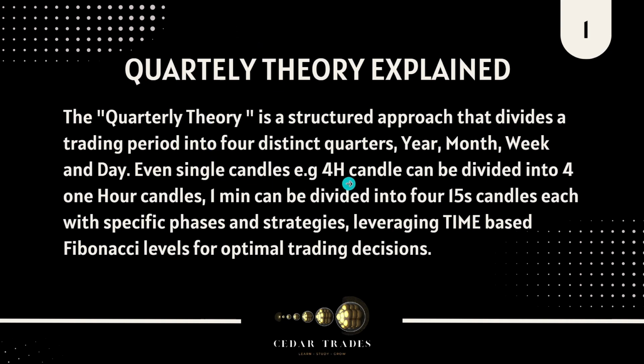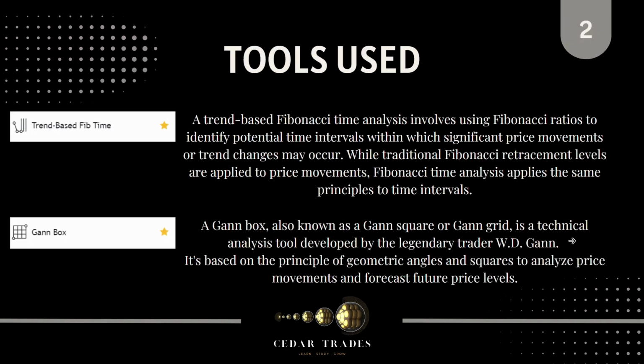And even single candles, for example, like the 4-hour candle can be divided into 4 1-hour candles. 1 minute candles can be divided into 4 15-second candles, each with specific phases and strategies, leveraging time-based Fibonacci levels for optimal trade decisions.